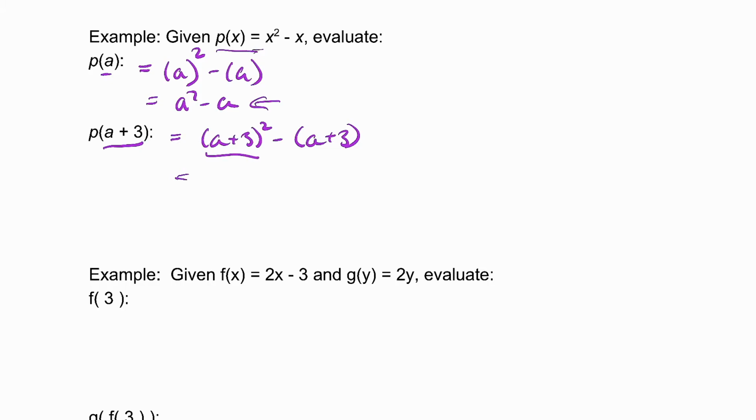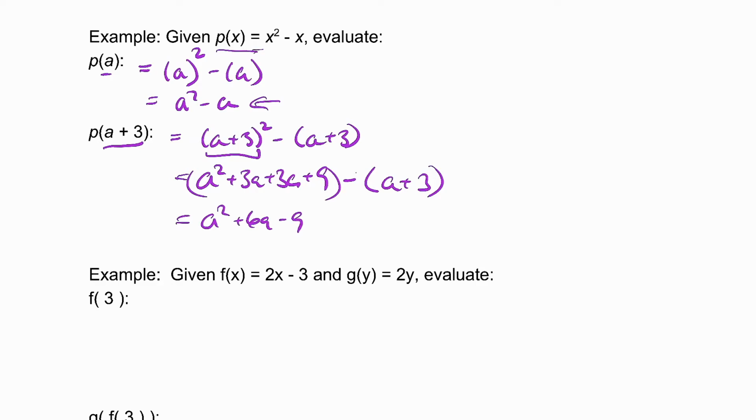Here we need to expand (a plus 3) quantity squared. So it's going to be a squared plus 3a plus 3a plus 9. And again, minus, and I'll keep that in brackets as one expansion of (a plus 3) quantity squared, and then minus (a plus 3). So here we get a squared plus 6a plus 9.